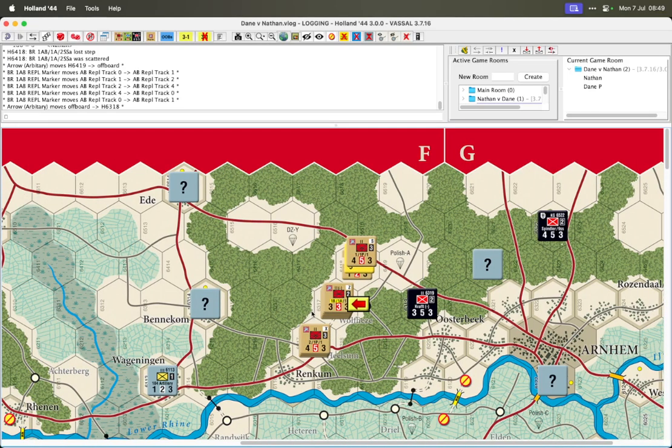Yep. And when you do that arrow, is the idea that if you were doing it by email, I would be able to play back all of the actions that happen? That's right. I would see the arrow move to that location, then I would see the diagram. When I play back a Vassal log, I typically just hold down the page down button, and it looks like a slow motion animation of all these various things.